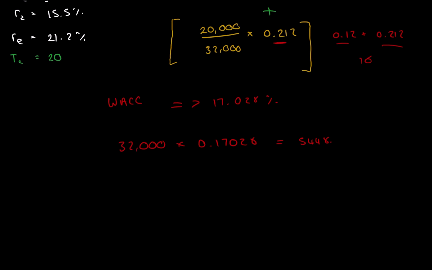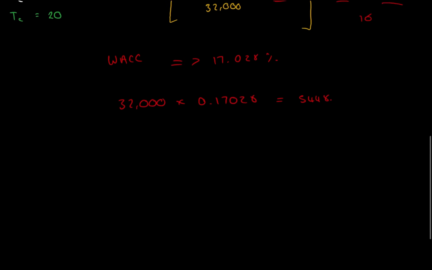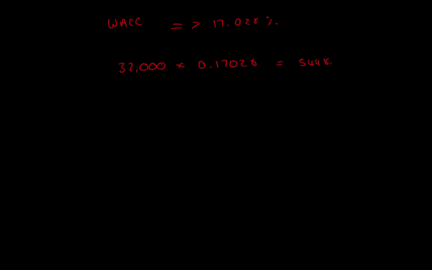That's the expected payback. So essentially what we need to make sure is that our project is more than 32,000 plus this 5,448, which is 37,448. We have to make sure that our project returns more than this.